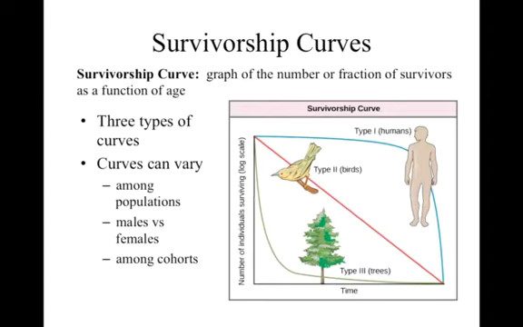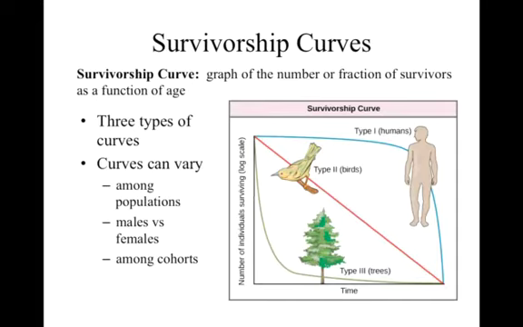So the blue jay population from 1970 to 1990 might exhibit one type of survivorship curve, but it may exhibit a different type from 1990 to 2010. And so you can't necessarily make broad assumptions. You can't say all birds exhibit type 2, although they're more likely to.